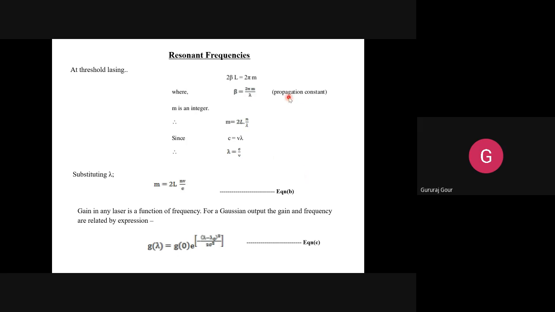Next comes the resonant frequencies. Resonant frequencies correspond to the frequencies of the modes of the laser.